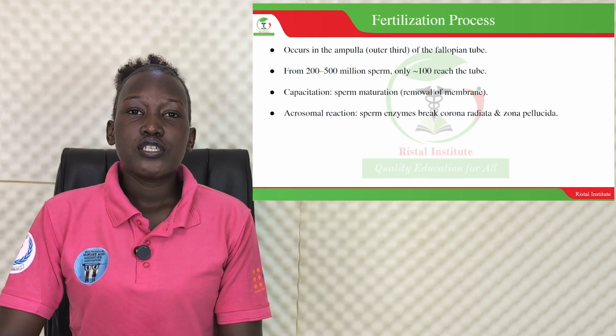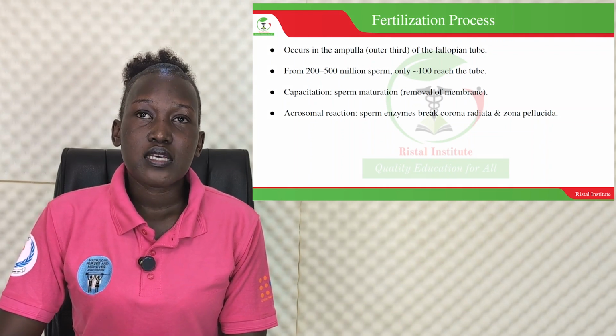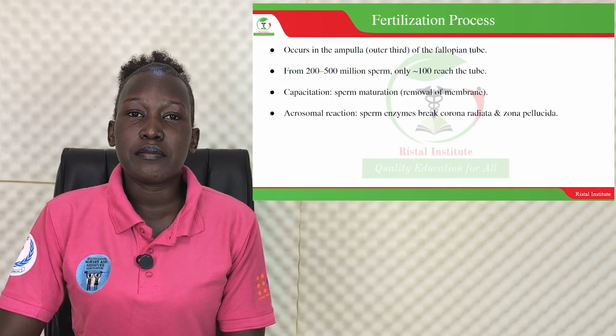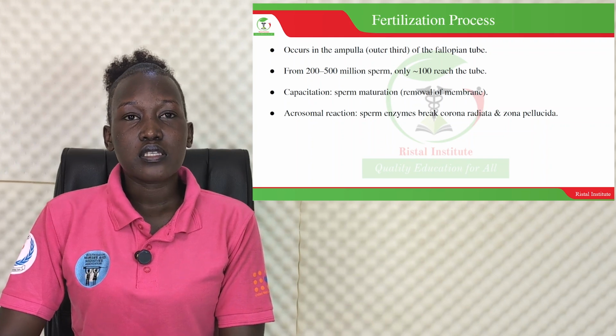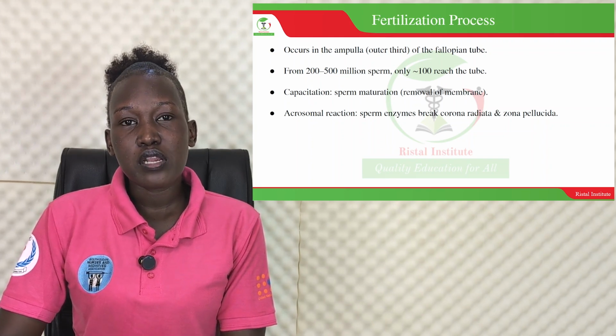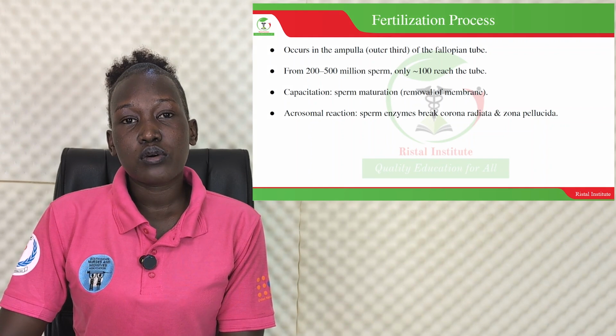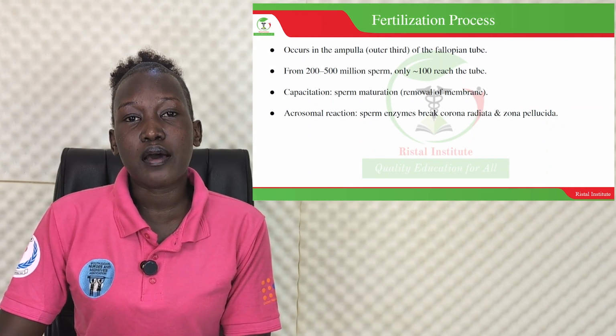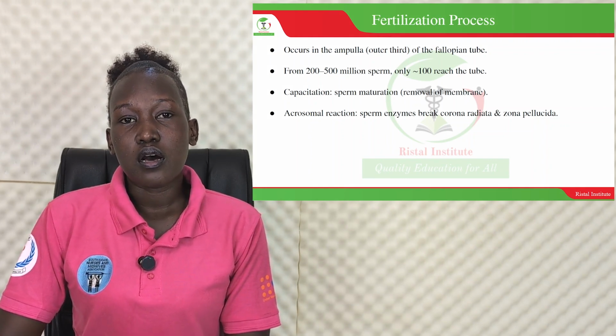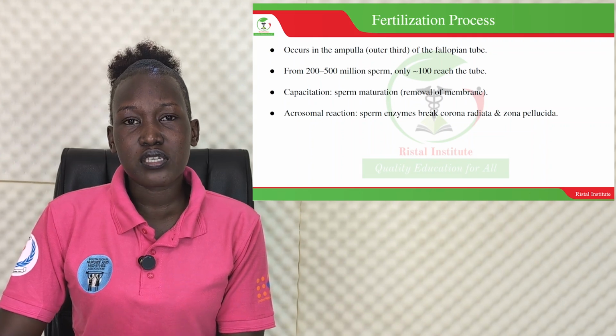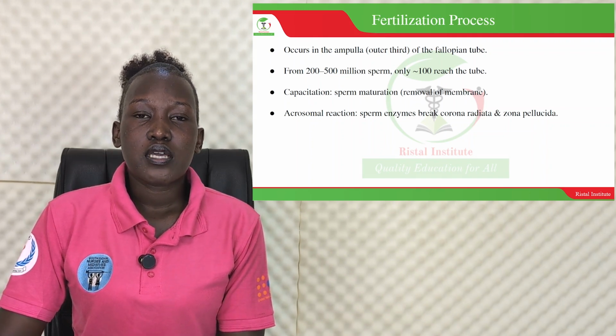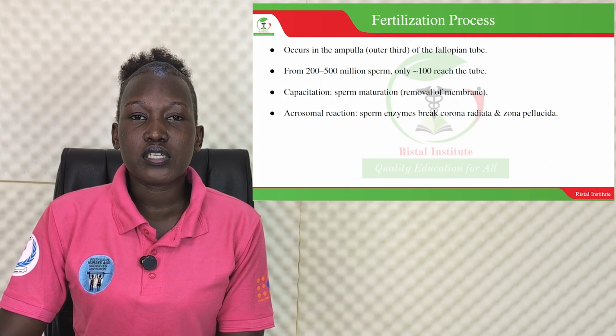During each ejaculation, each time a man releases, they release about 200 to 500 million sperm. These are ejaculated within the posterior wall of the vagina.